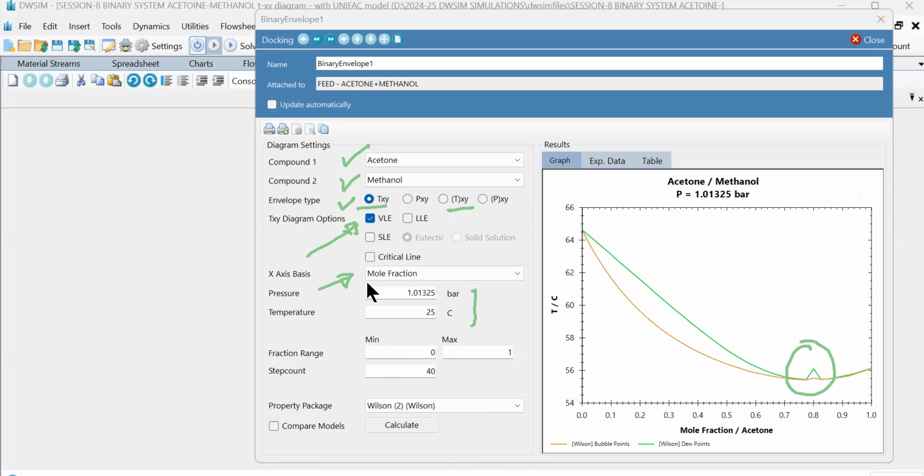Now what I do, I take the UNIFAC model and calculate again the TXY diagram or TXY data. Now you can see how the smoothness has increased. Let's wait, it is actually calculating it. Yeah, now see.